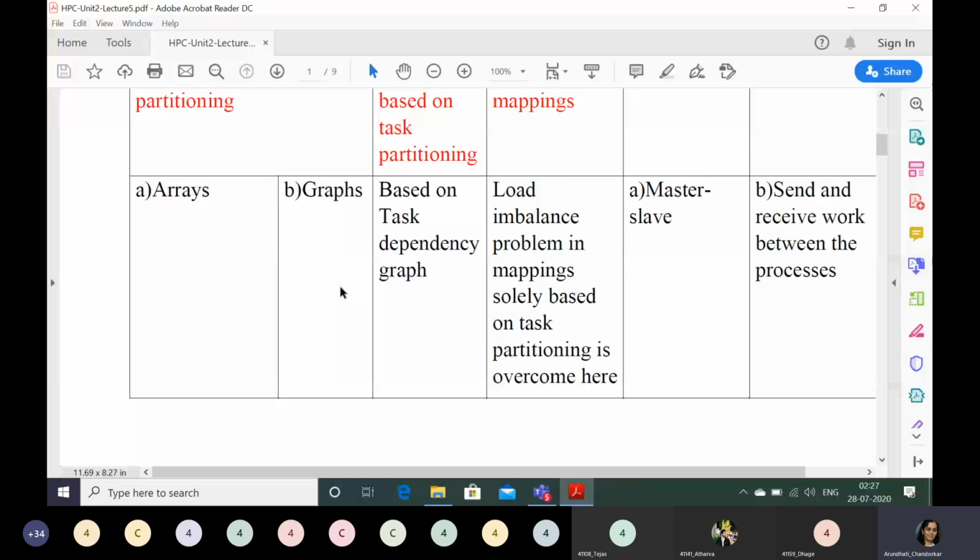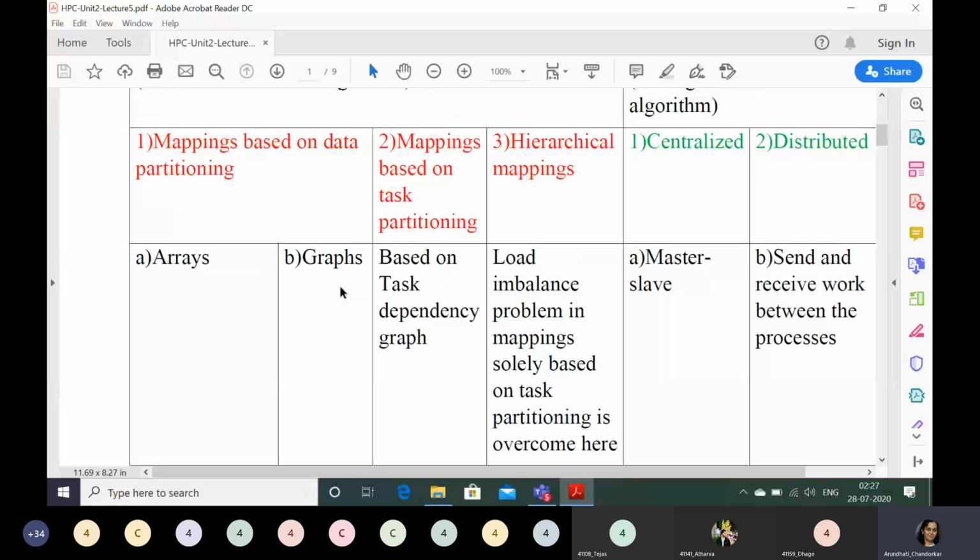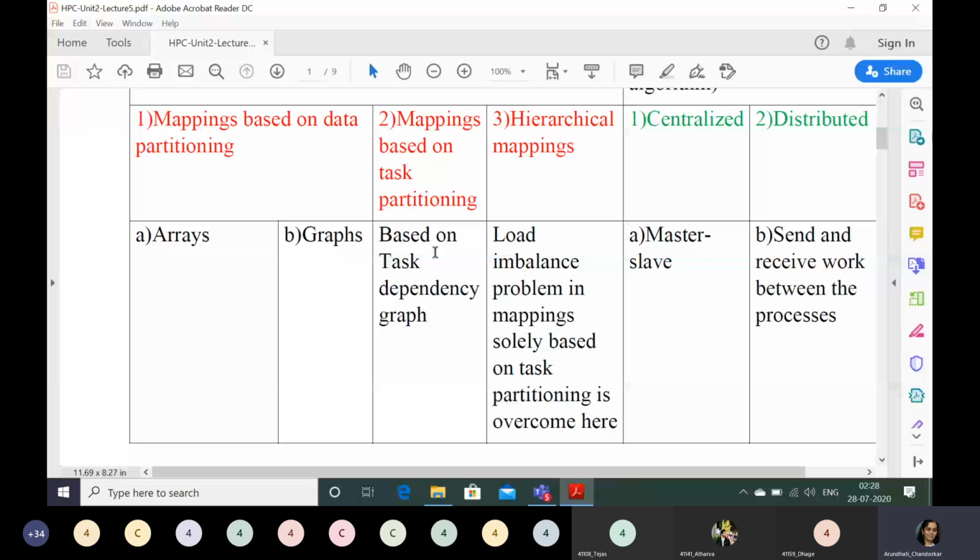Today we will focus on the next one, and if time permits the one after, and we will complete static. The next category in static is mapping based on task partitioning, purely based on tasks. Mapping is the allocation of tasks to processes. In the first category we used array and graph data structures.